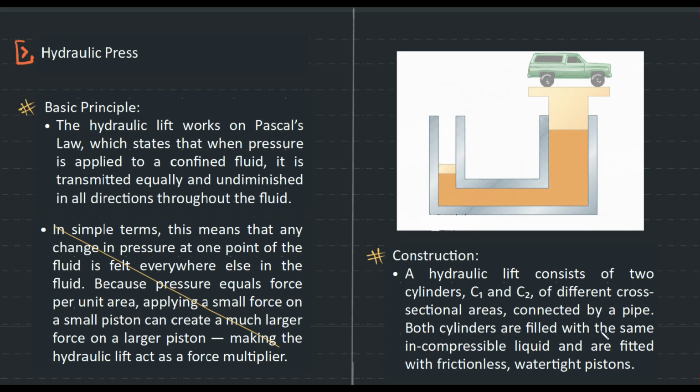Both cylinders are filled with the same incompressible liquid and are fitted with frictionless watertight pistons. So this has to be the case. If I apply a force onto the liquid, it has to transmit that force onto this piston, onto this cylinder, without any leakage. So this is a perfect scenario.